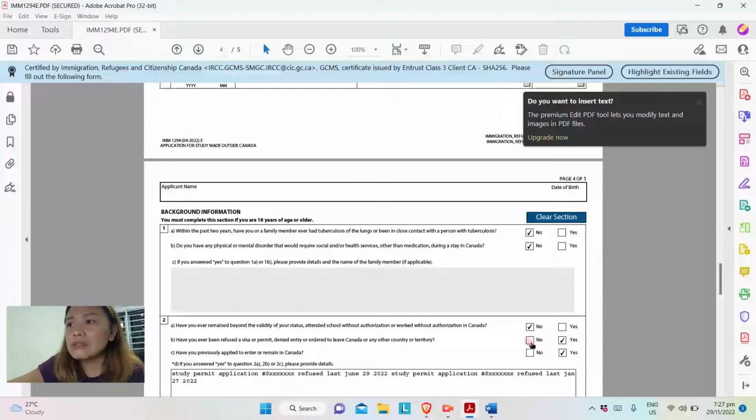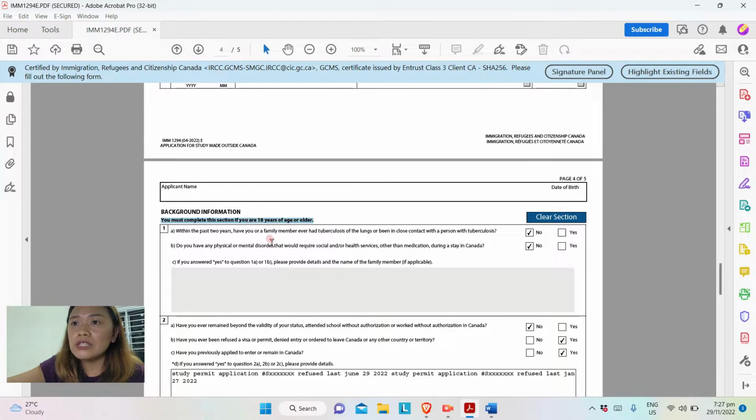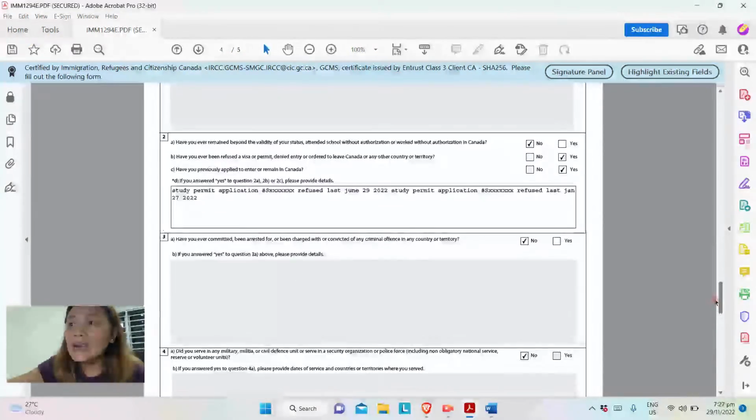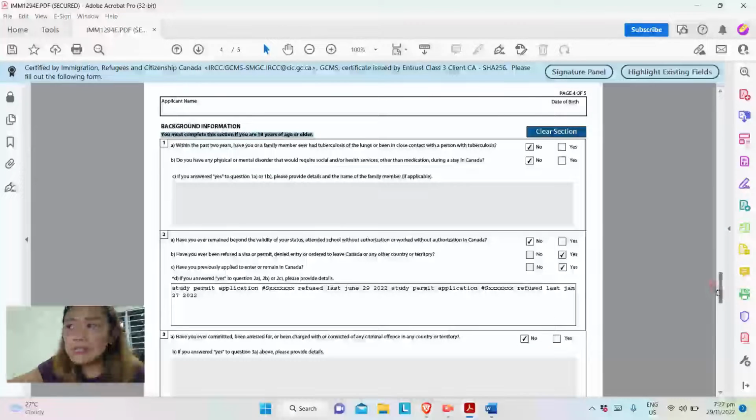For the child, I didn't answer this for my son, because you only need to answer this if you are 18 years of age or older. So I left this blank for my kids. Even though they have already been refused, I still did not answer this part.